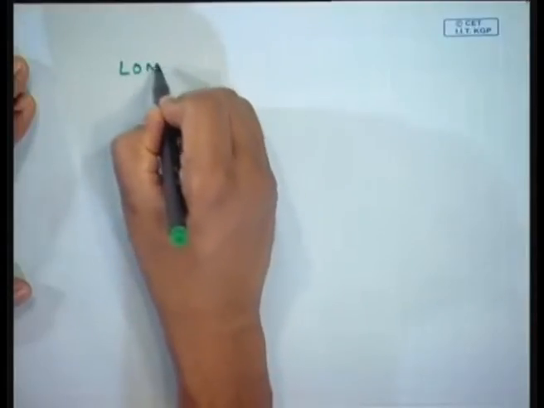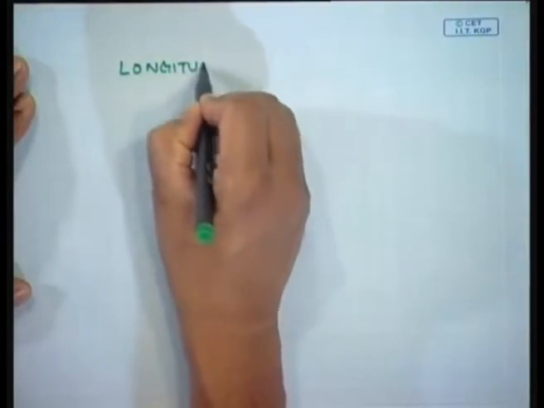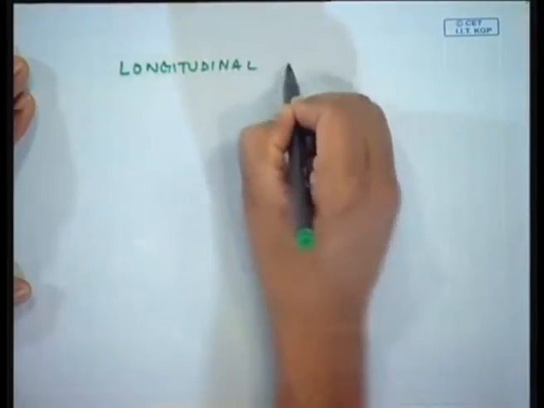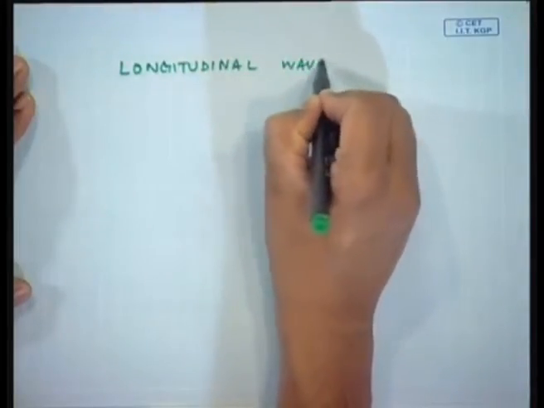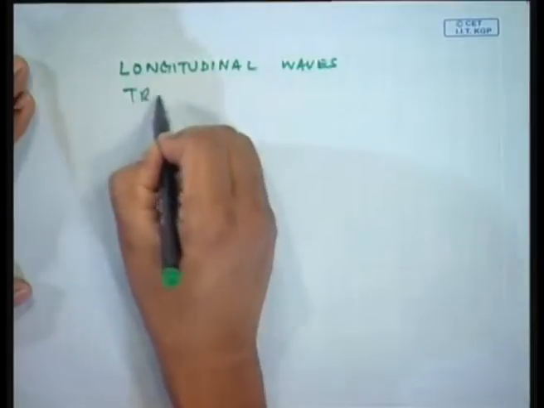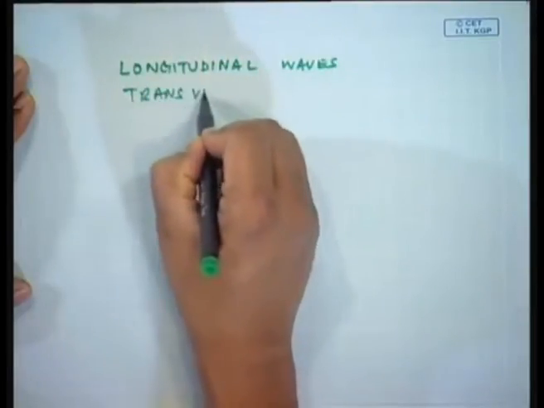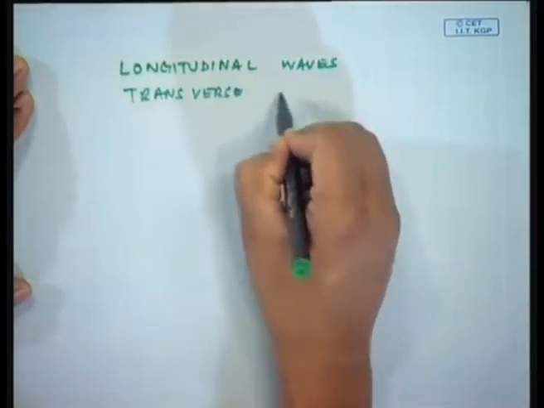Now, this is regarding the amplitude of the sound pressure level. Now, coming back to the waves by which the sound gets transmitted from one place to another, you would have recalled in your high school physics that there are two types of waves, longitudinal waves and transverse waves.